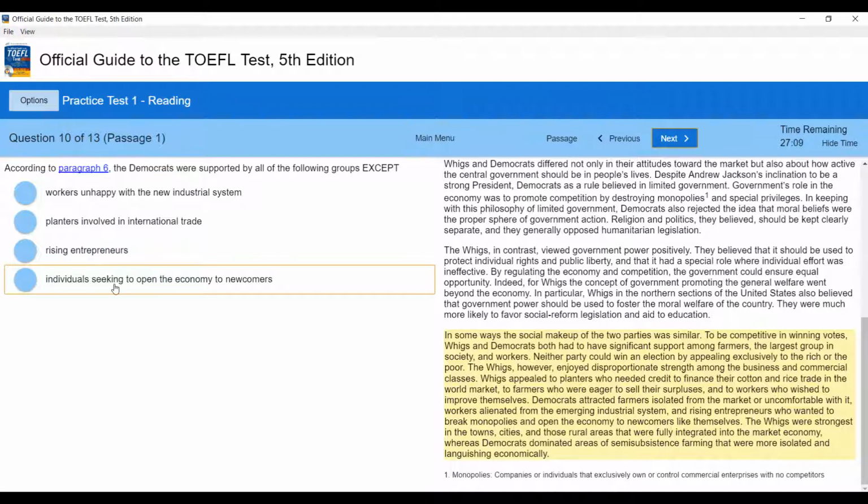So that is in the text. Planters involved in international trade. Just says these. It says isolated from the market. It doesn't say international trade. More that they're isolated there.